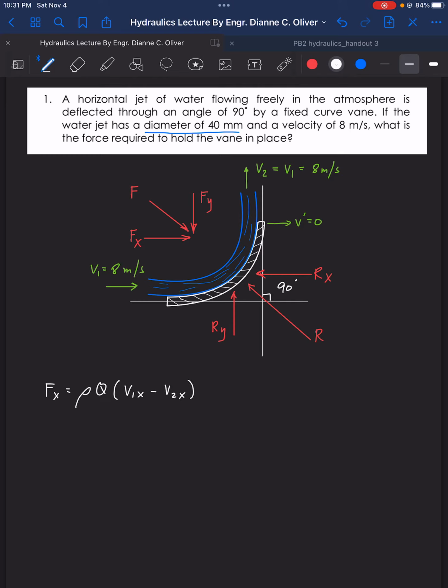So we need to find the value of Q. Now Q is equal to area times velocity. That is equal to pi over 4 times the diameter 0.04 squared, and the velocity here is 8 meters per second. So what is our Q?